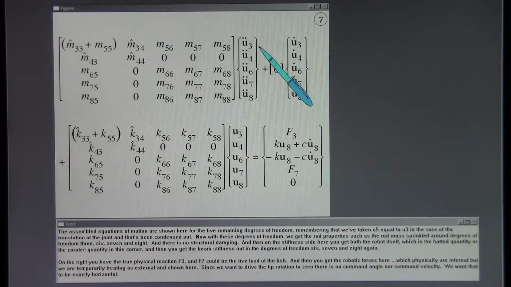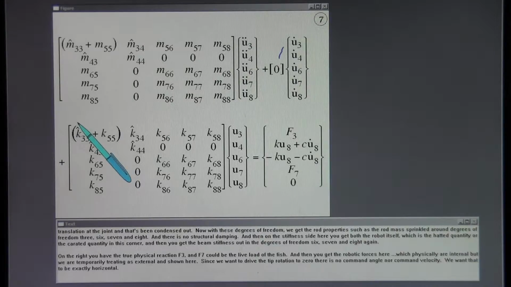Now, with these degrees of freedom, we get the rod properties such as the rod mass sprinkled around degrees of freedom 3, 6, 7, and 8. And there is no structural damping. And then on the stiffness side here, you get both the robot itself, which is the hatted quantity, in this corner, and then you get the beam stiffness out in the degrees of freedom 3, 6, 7, 8 again.